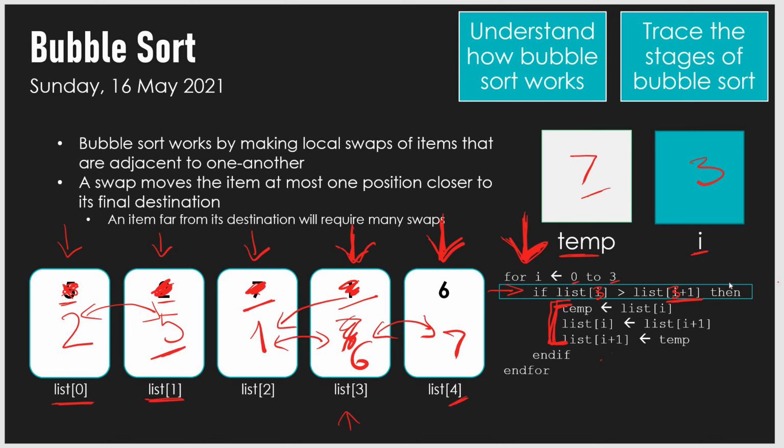The next thing that should be in your mind is, well, it's fantastic that we've sorted a few numbers out, but actually this still isn't sorted perfectly because 1 being the smallest value here should be at the very front. So it should be where the number 2 is in list 0. What you need to know is that one complete for loop goes through the array, goes through the data structure, pushing the heaviest item towards the end, but it doesn't sort out the entire array in its first go.